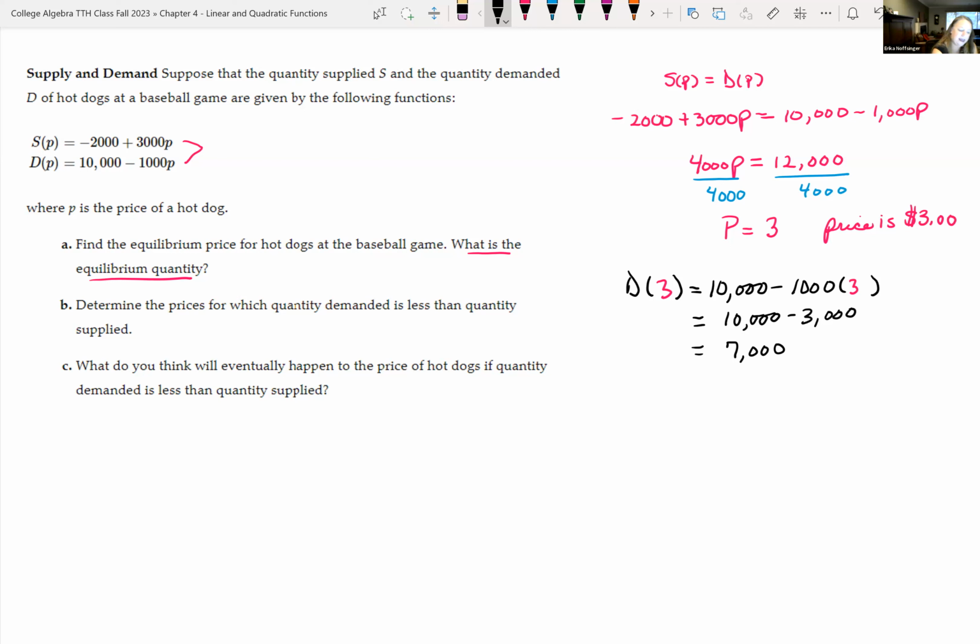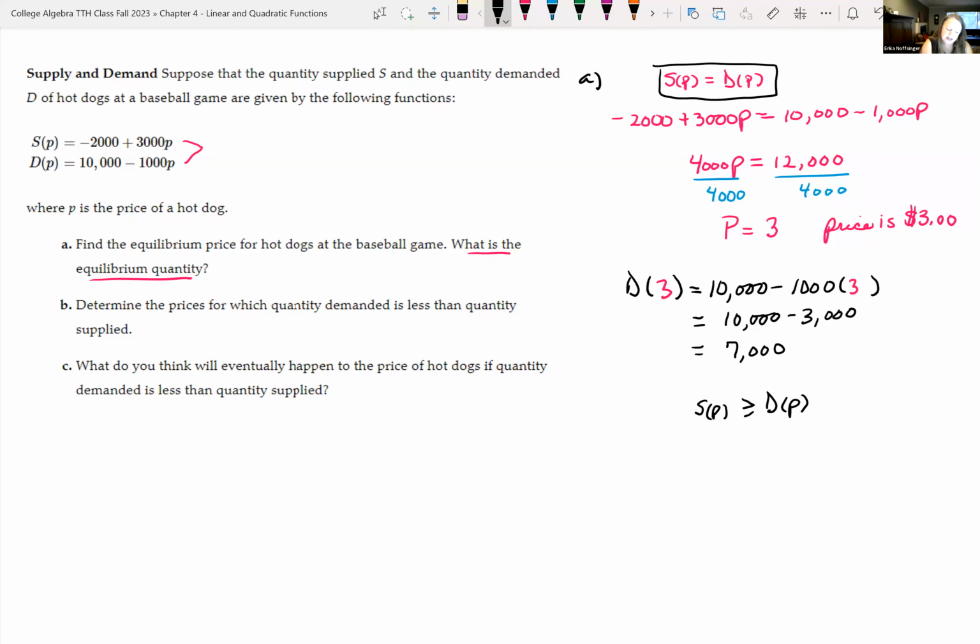So that was part A. Part B says determine the price for which the quantity demanded is less than the quantity supplied. So we want the demand D of P to be less than the quantity supplied. I'm putting S of P on the left-hand side just because I had done that with my equation here.